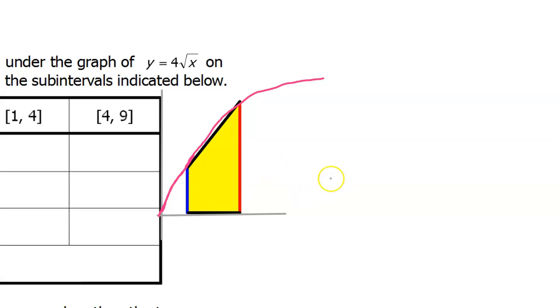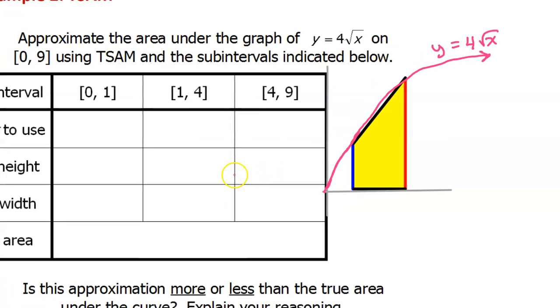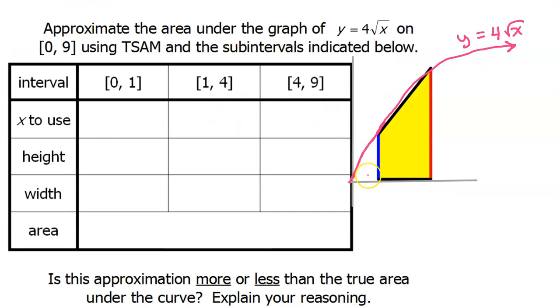Okay, that's pretty good. So this is the function y equals 4 times the square root of x. So I'm going to use 3 trapezoids to estimate the area under this curve between 0 and 9.